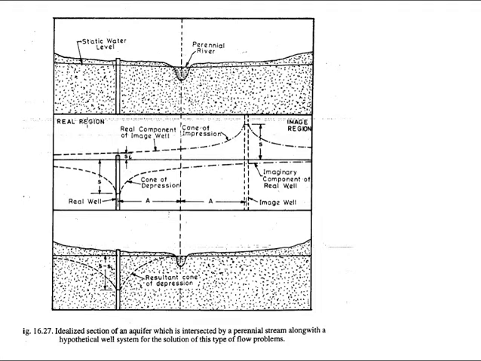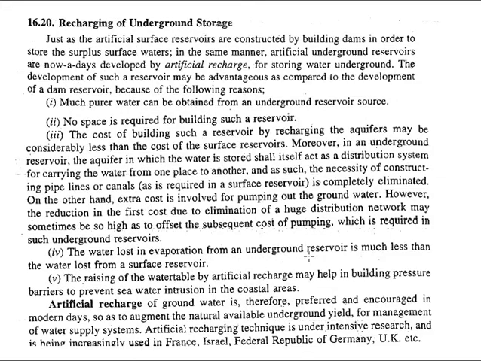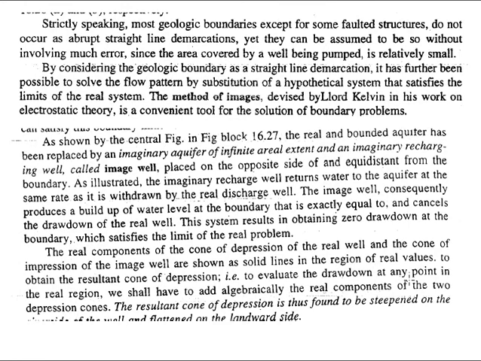This is the real region and this is the imaginary region, as written here. In order to do so, we must add algebraically the real components of the two depression cones.